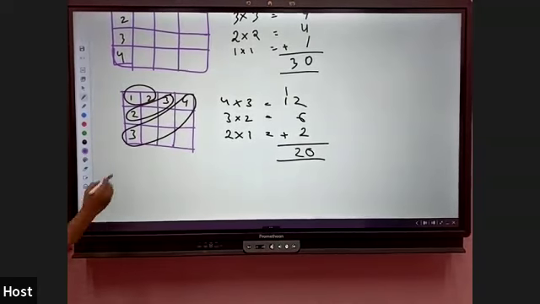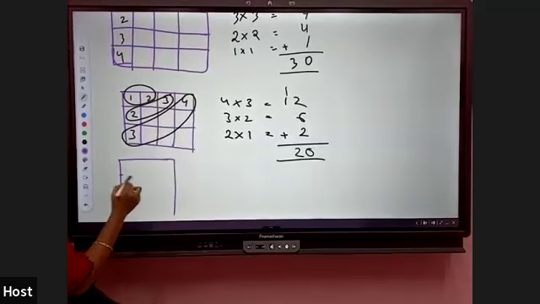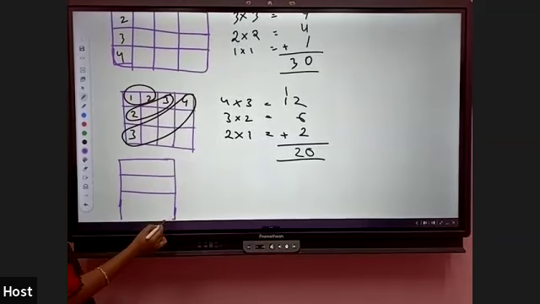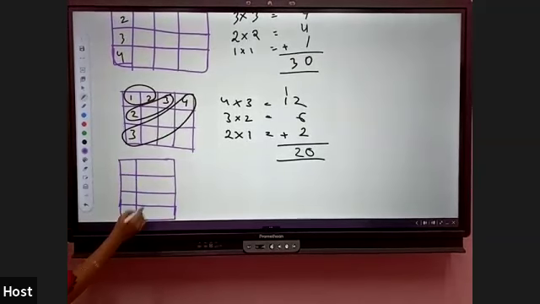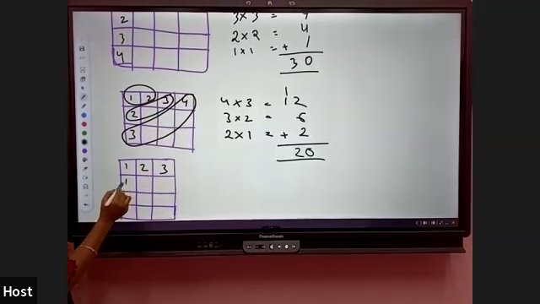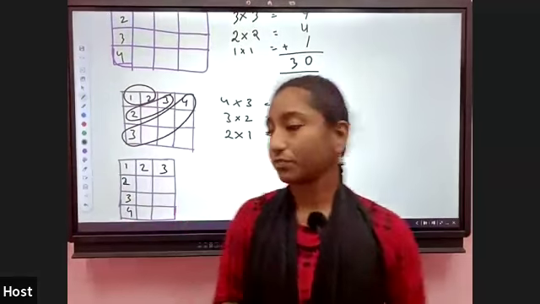So now let us do the case where columns are fewer and rows are more. There are 3 columns and 4 rows. Now how should we do it?